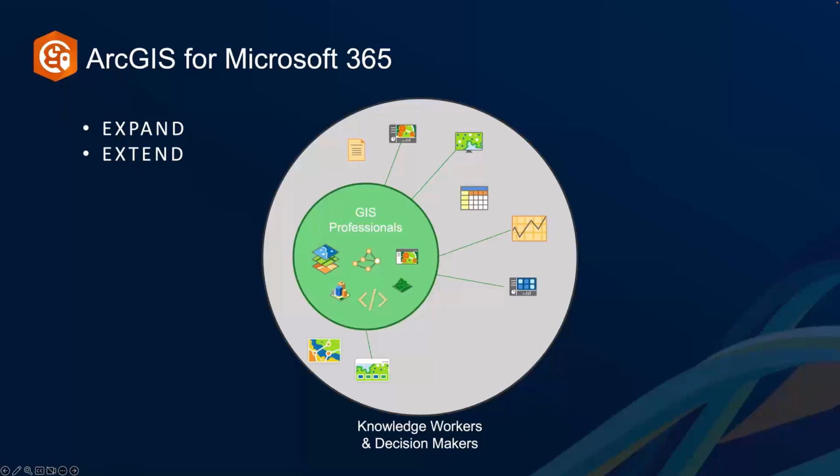It also extends location capabilities to those that know they need them in applications they're familiar and comfortable using. This is enabling them to start building maps and access spatial information. And then finally, it's enabling the business developers with Microsoft's configurable no-code, low-code application and process builders. So now we have the ability to reach more broadly across an organization.